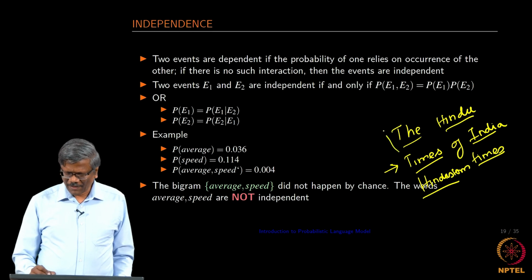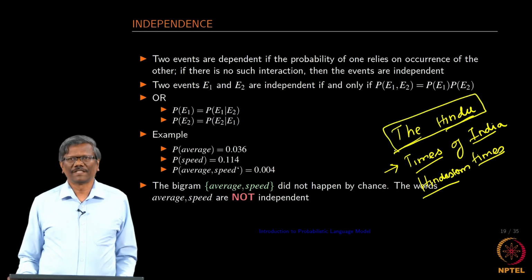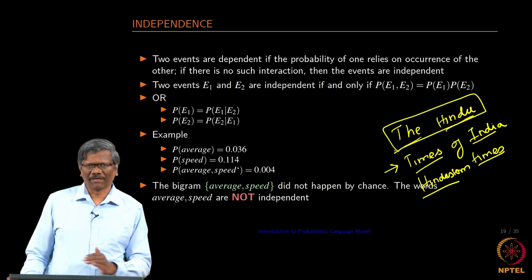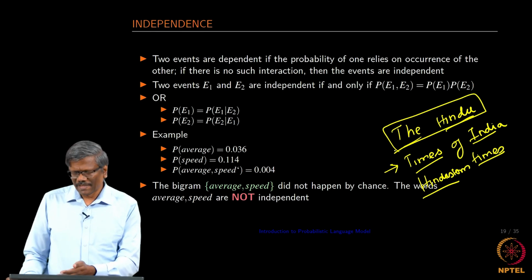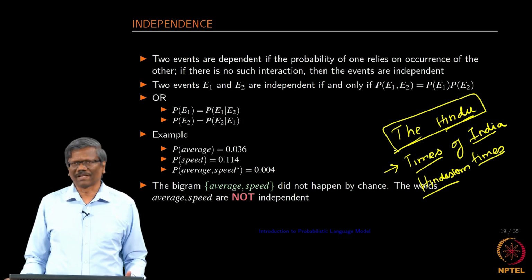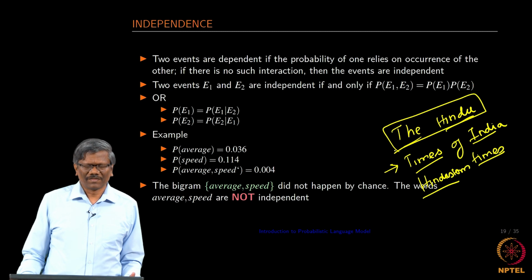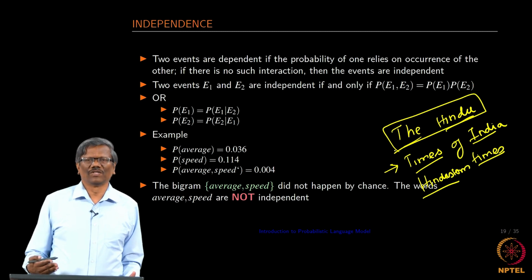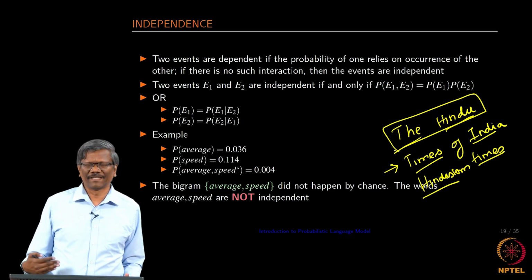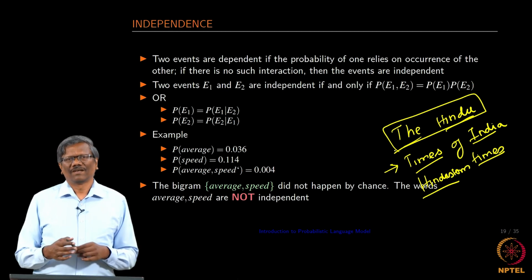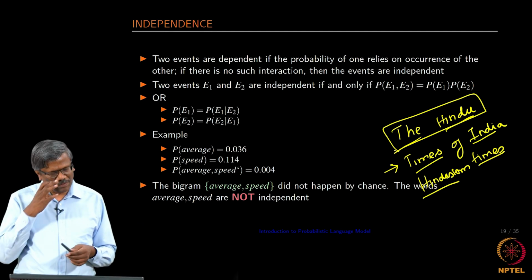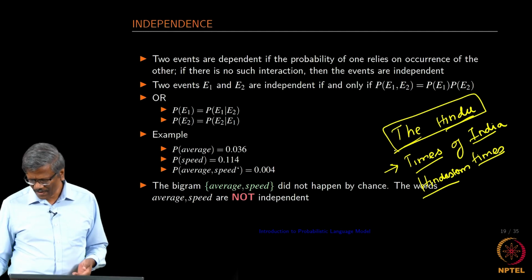So, we need to find out whether these words in the given corpus occur by chance. So, we have to find out whether they occur by chance or they are dependent on each other, right. So, in some way or other. Since the machine is going to do the job automatically, we have to give some kind of a tool so that it identifies certain words that are always together. So, we can probably use the idea of independence in some way.